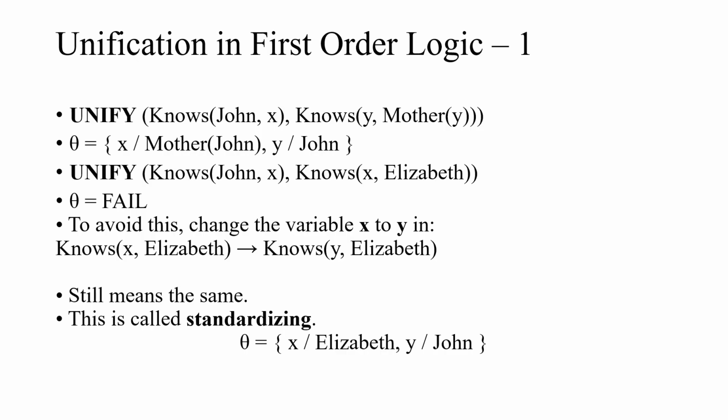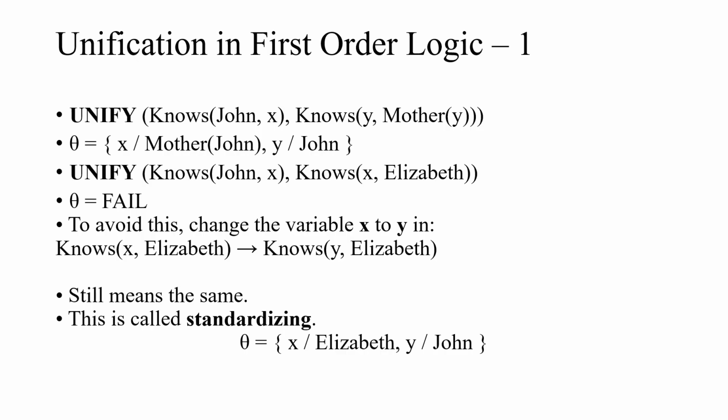The next example is unify knows(John, x) and knows(x, Elizabeth). This is one of the statements. Here John is there and then Elizabeth, so we have two different names, but only one variable, the same variable x.